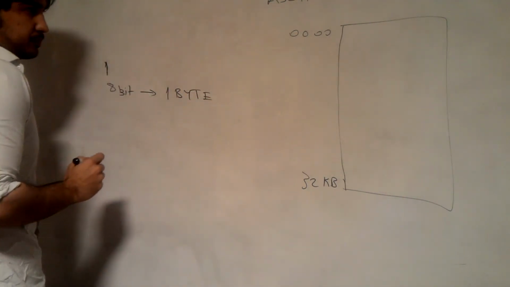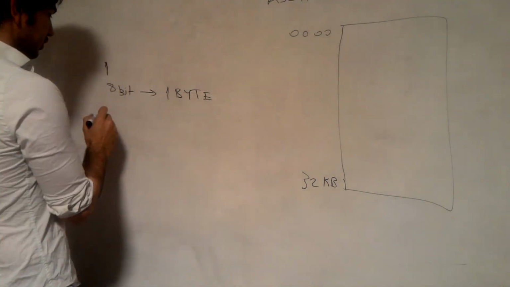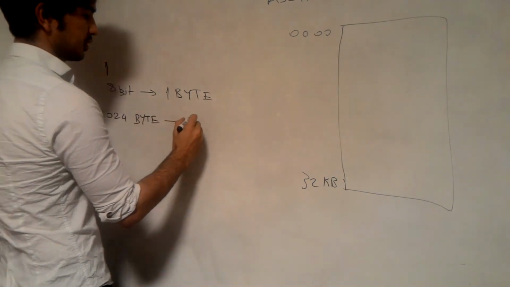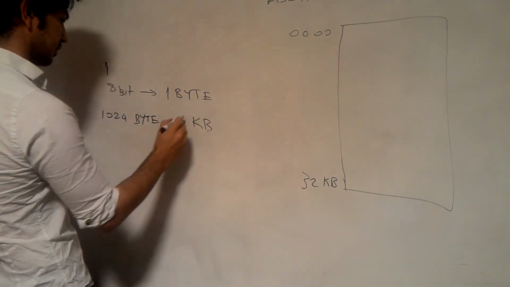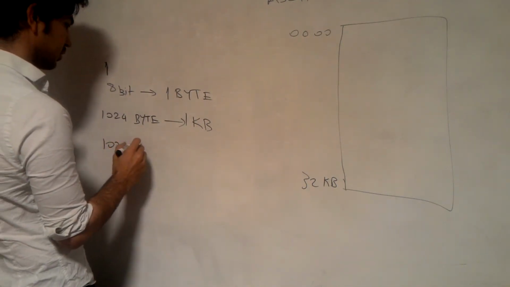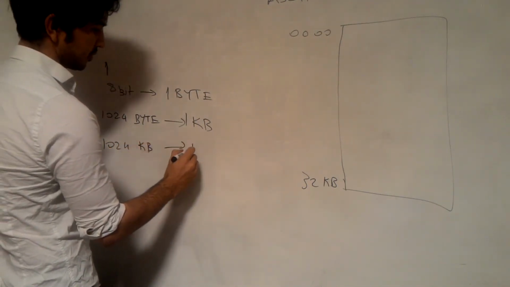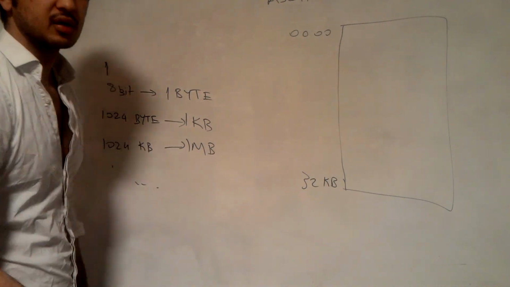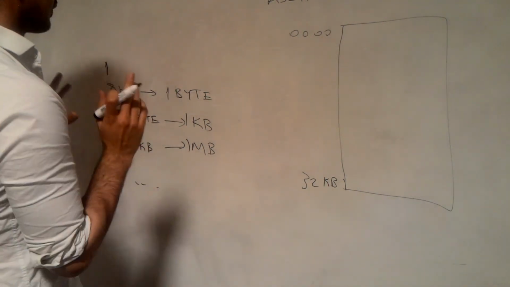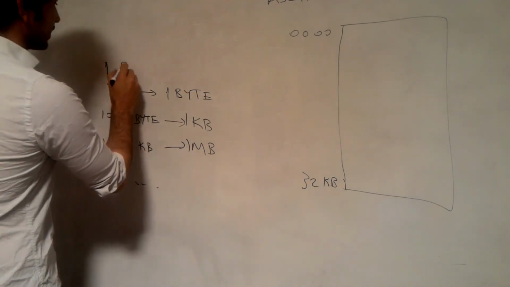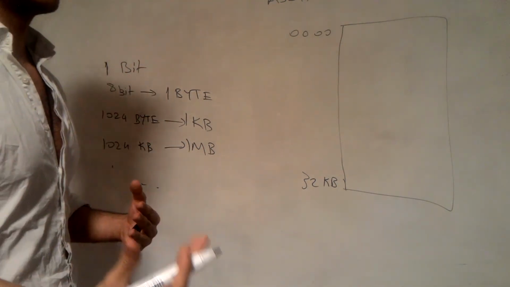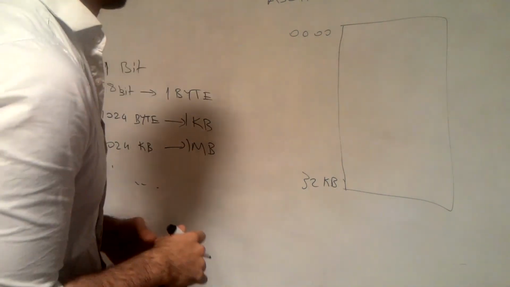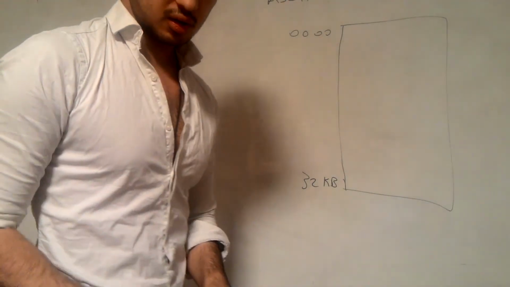Okay, every 1024 bytes is a kilobyte, and every 1024 kilobytes becomes a megabyte, 1 megabyte, and it goes like this, then gigabyte, then terabyte, and we work with this. So everything starts with 1 bit. 1 bit means being closed or open, on or off, just this. So now let's go to Arduino.